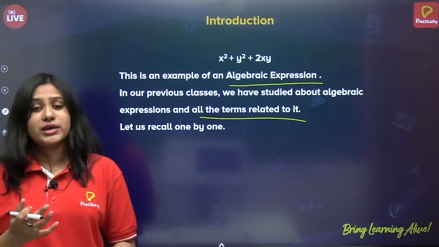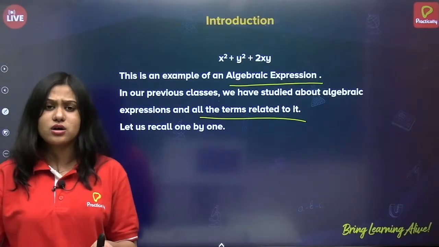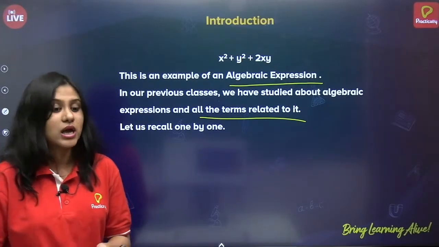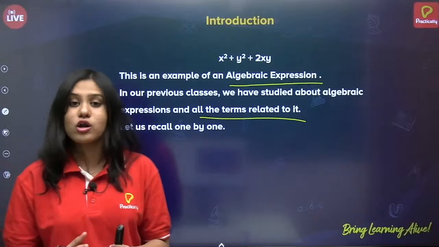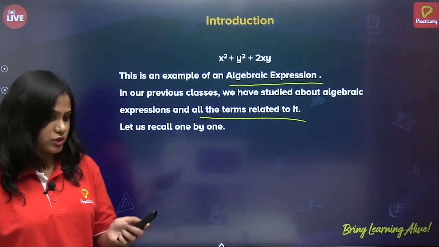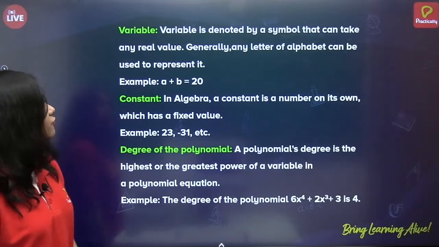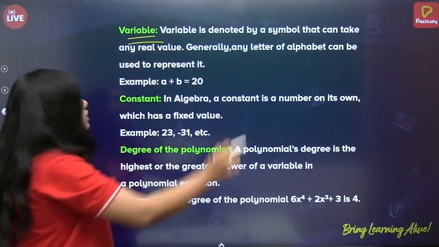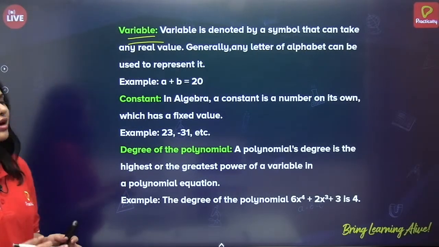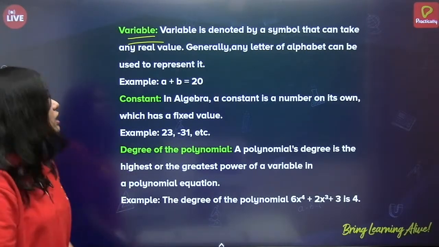We know what a variable, constant, term, expression and exponent are. Now we will recall all the terms related to algebraic expressions. First is variable.